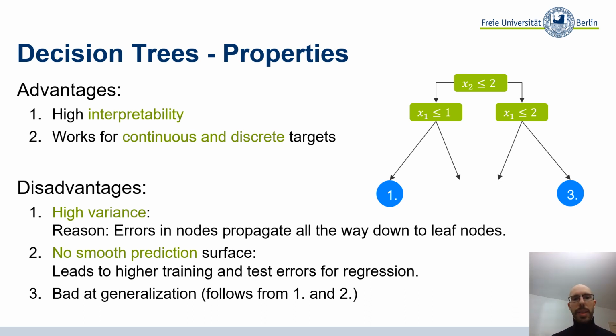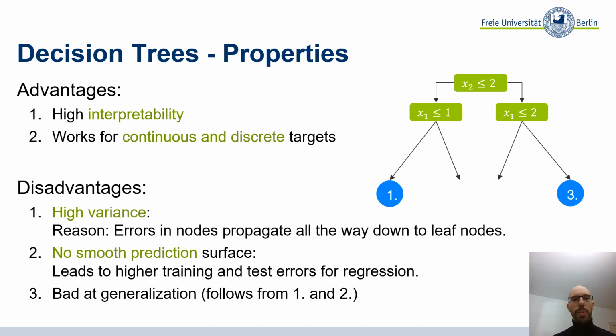Now, the second disadvantage is that decision trees do not have a smooth prediction surface, and this leads to higher training and test errors for regression, but it's not really a problem for classification trees. So this is just an issue of regression trees.